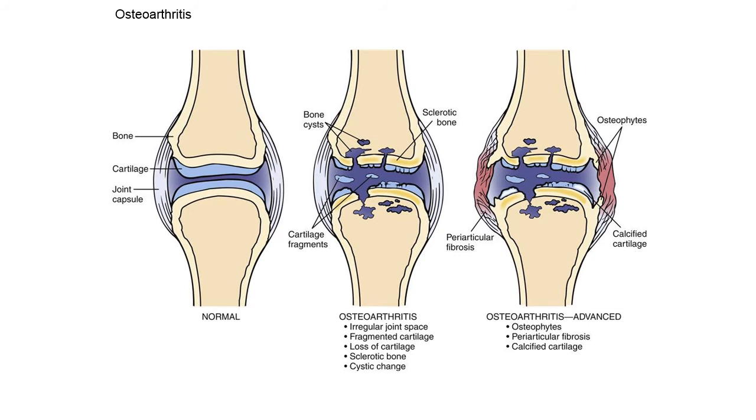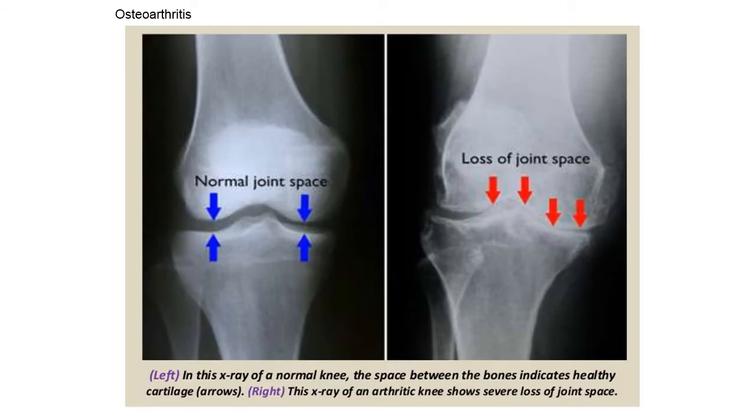These little edges that form off the bone, and you can see those in X-rays. So there's degradation of the cartilage, degradation of the bone, loss of cartilage, loss of bone, and you have a loss of joint space as well. You should have this nice regular space across here, and you'll have irregular amounts of space in osteoarthritis. Next slide.